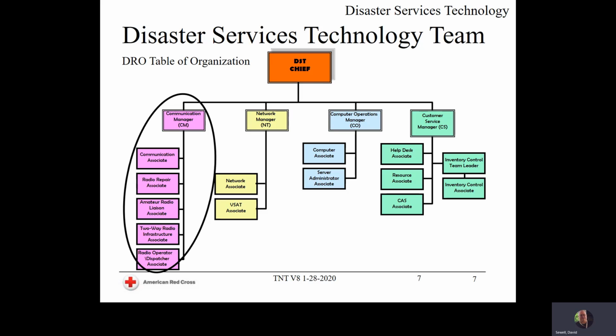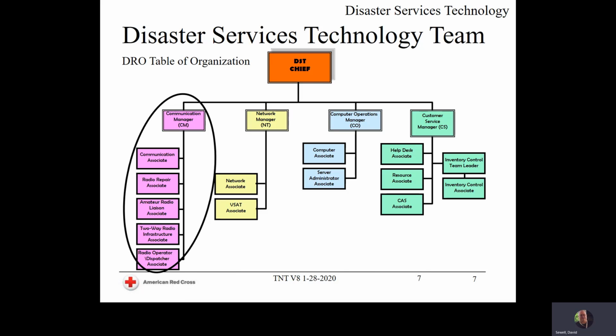We often won't have enough people to have an individual person in these activities, but I want you to understand the roles that are important in communications. There's communications associate, radio repair associate, amateur radio liaison, two-way radio infrastructure associate, and a radio operator or dispatcher.